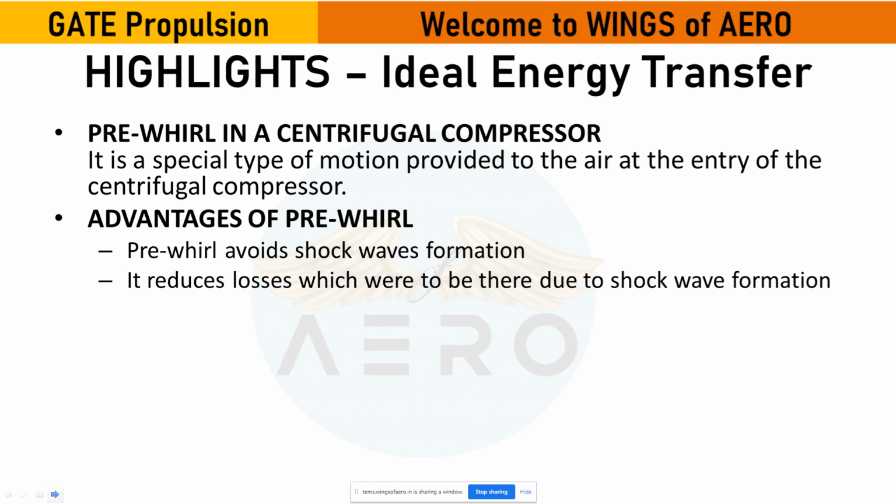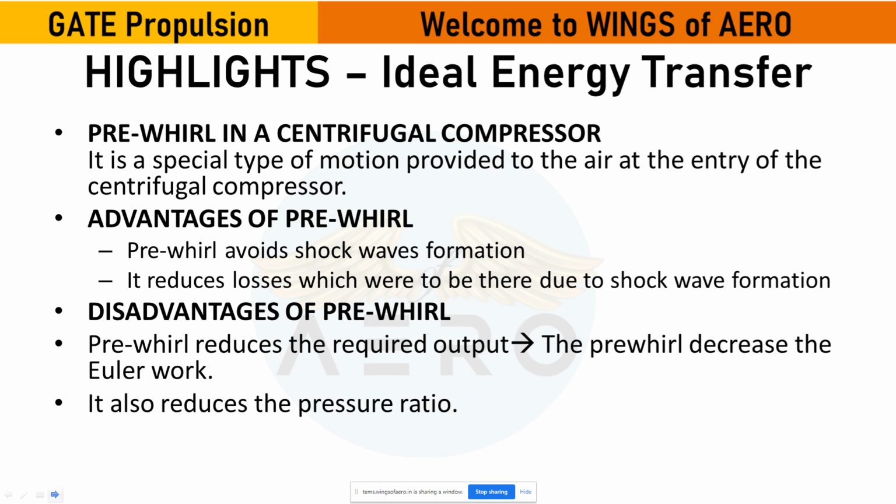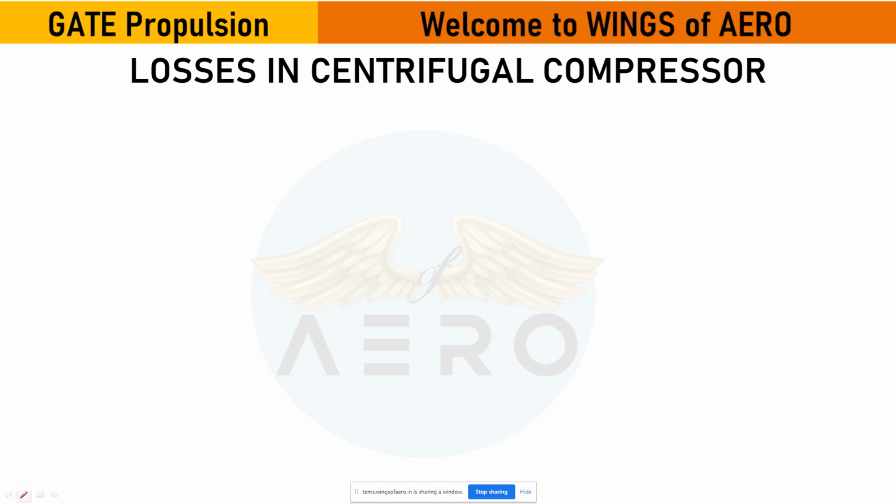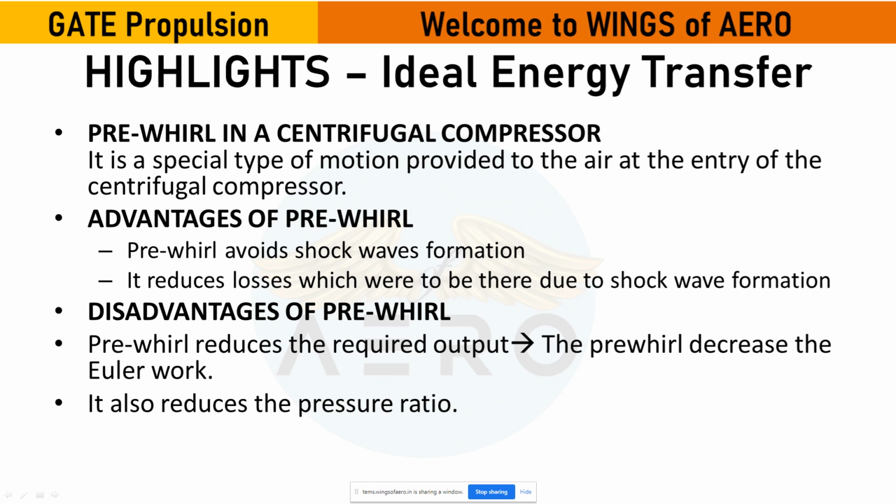So yes, we will just talk about the pre-whirl and its importance. Why is there a concept called pre-whirl in a centrifugal compressor? It is a special type of motion provided to the air at the entry of the centrifugal compressor. Now what is the benefit of this pre-whirl?